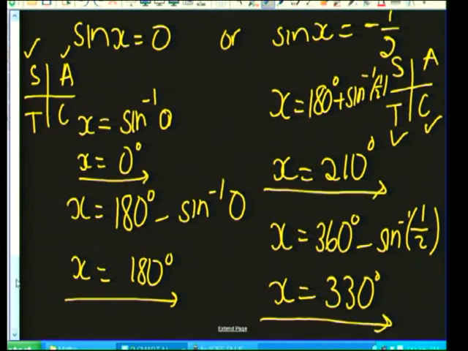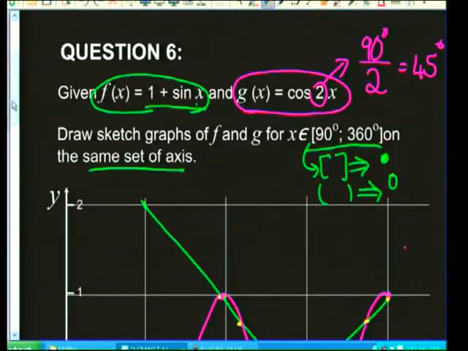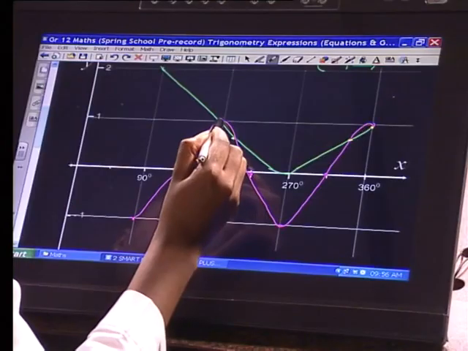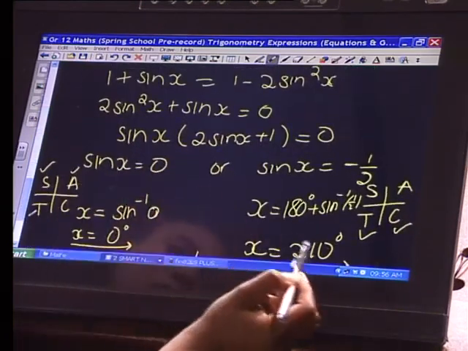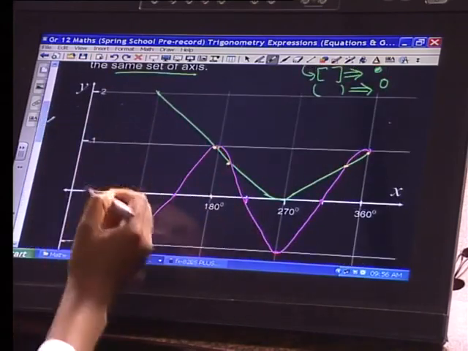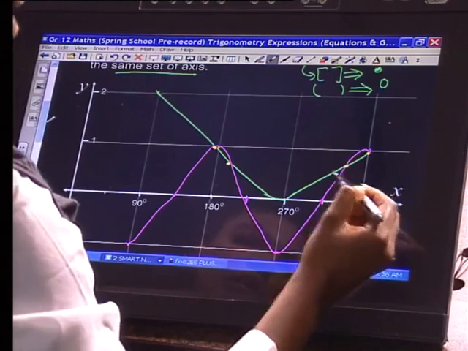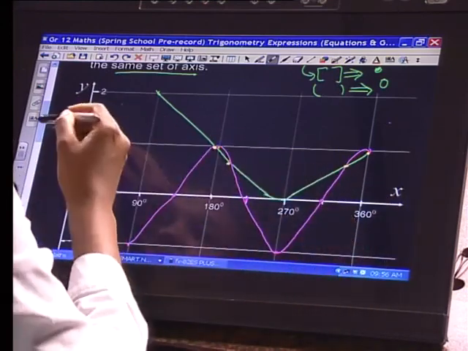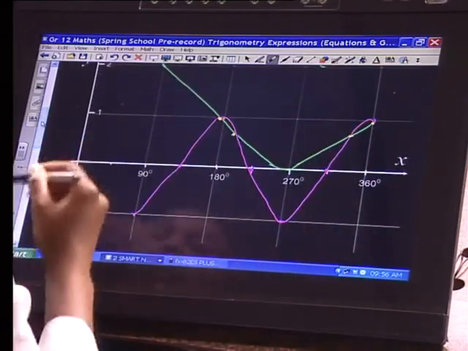Now let's go up to the graph and compare the solutions. 0 and 180. Look, there's 180. That one there would be 210. 0 isn't in the restriction, and that's why we don't consider it. And that one there would be 330, which is there, and there, which is 360.